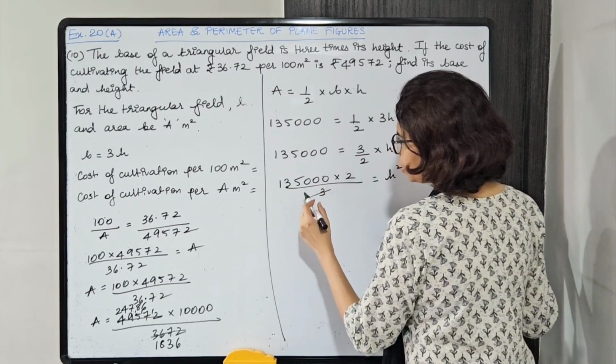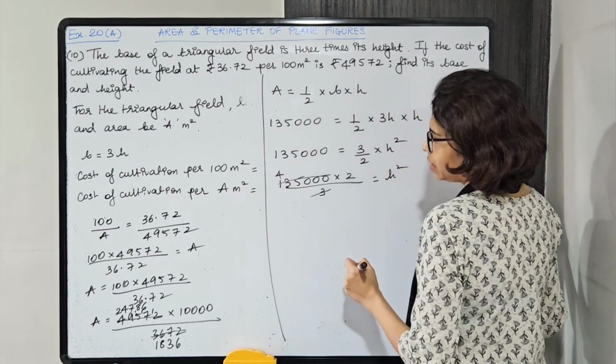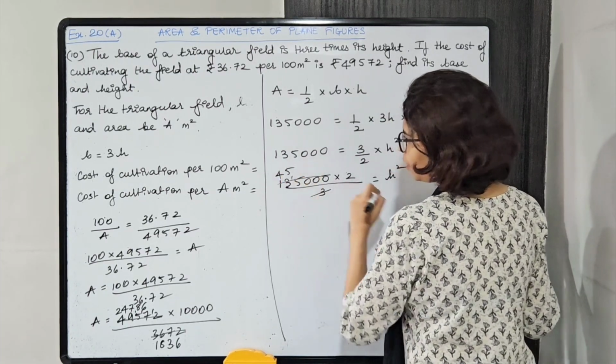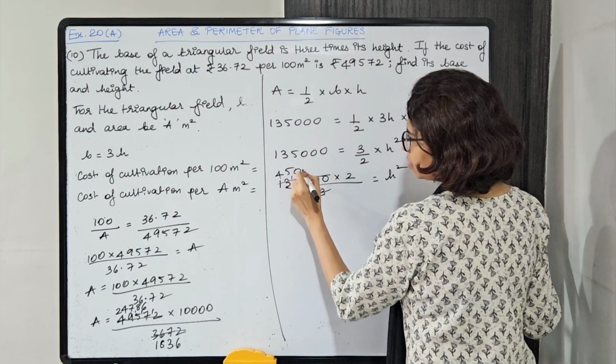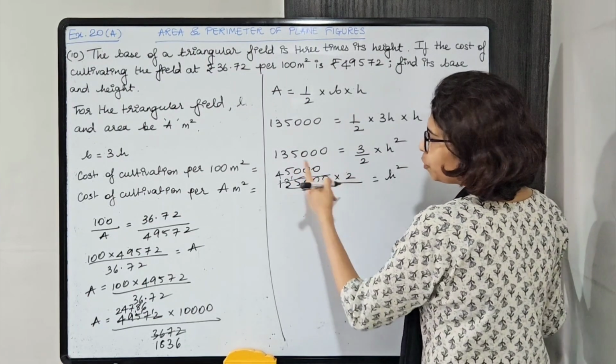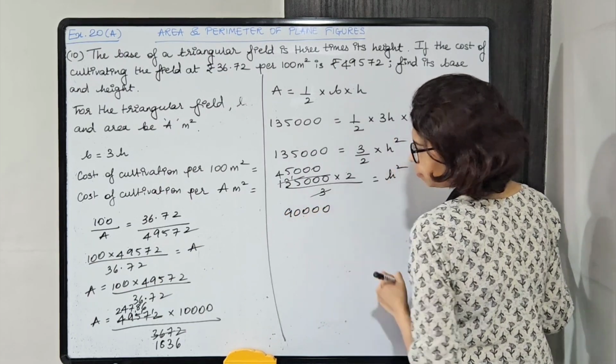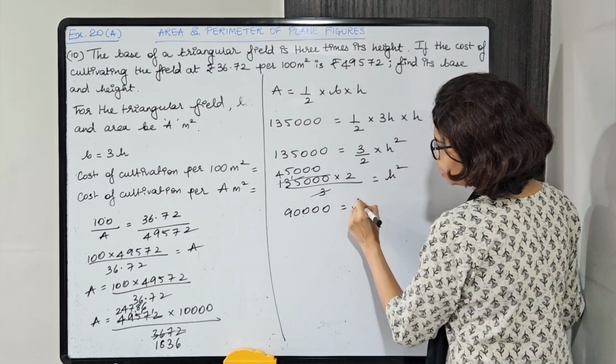So 3 4s are 12, right? 3 5s are 15 and 3 zeros. Okay, so 2 into 45,000, that will give 90,000, right? Is equal to h square.